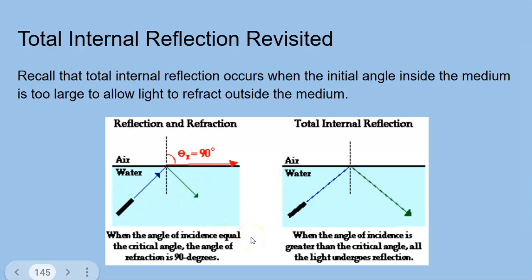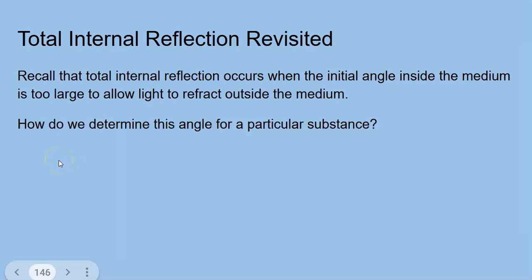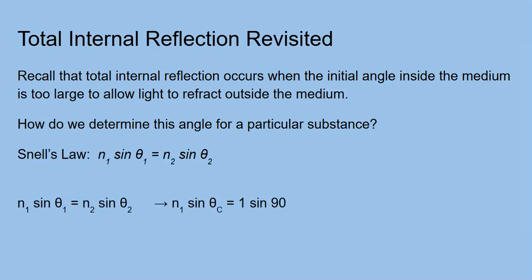So we're going to calculate an expression for the critical angle. So how do we find this? What we do is, of course, use Snell's law. Now, this gets a little strange because N1 would be the index of the material inside, or where the light starts out. Theta 1 is the critical angle.